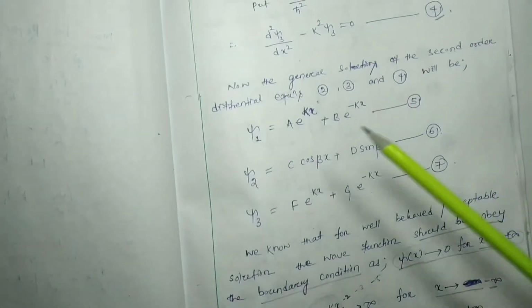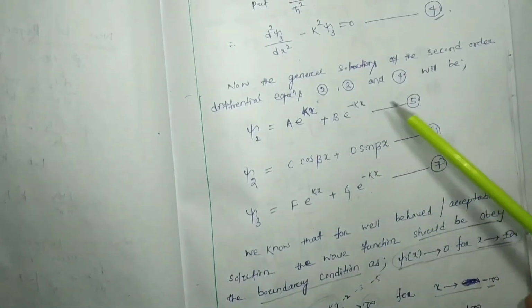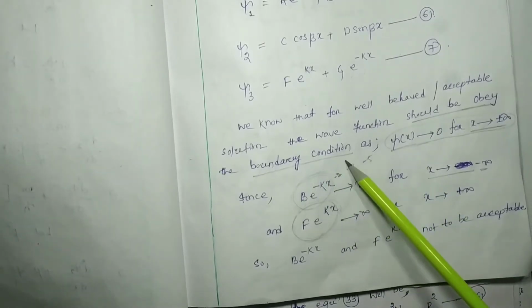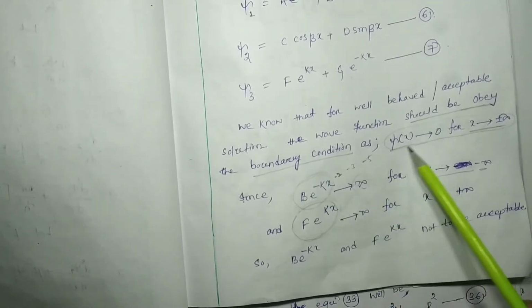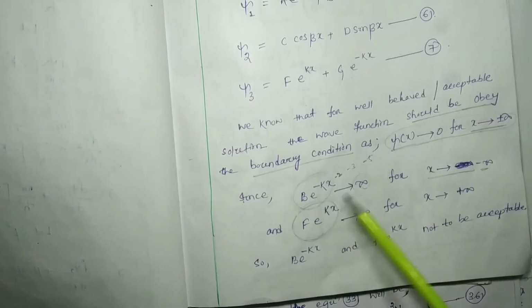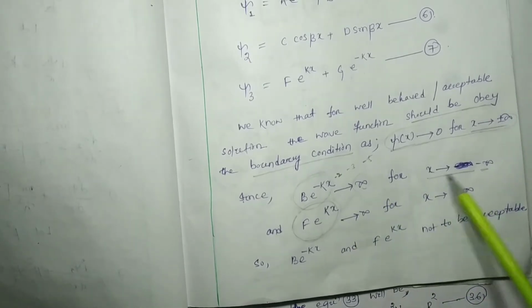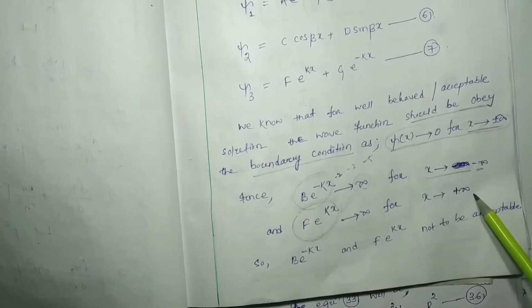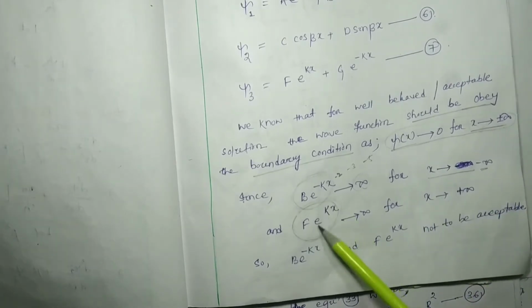The general solutions will be in the form of 5, 6, 7, but we have to consider the boundary condition. This term goes to infinity when x tends to minus infinity and x tends to plus infinity, so this wave function is not going to be considered.